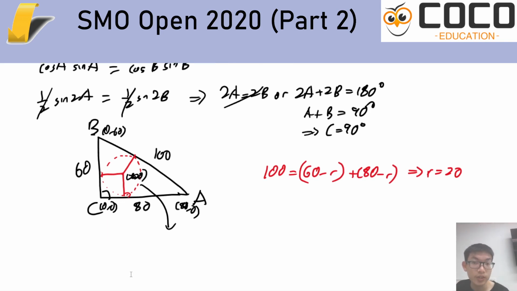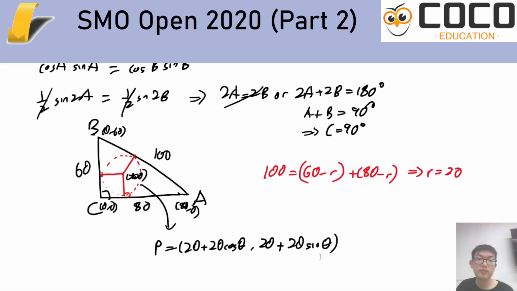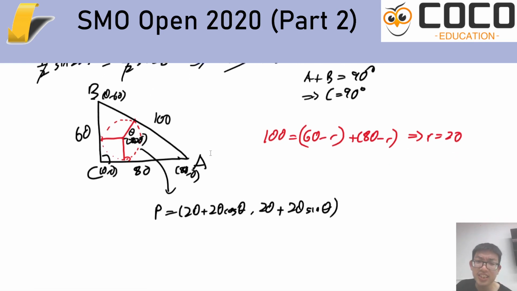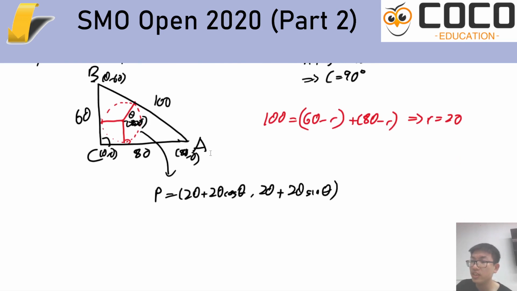That is indeed the equation, but I would just parameterize it in this form. So P is 20 plus 20 cos theta, 20 plus 20 sin theta, where theta is just whatever that angle is. Now once I do this, then I'm just going to get slightly annoying, but frankly not very difficult computation for what my PA squared plus PB squared plus PC squared would be equal to.